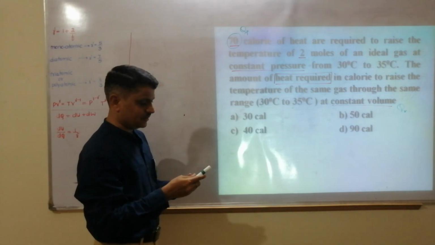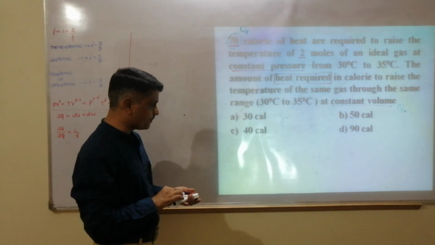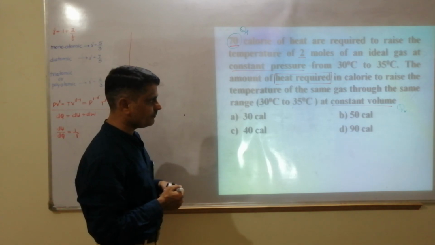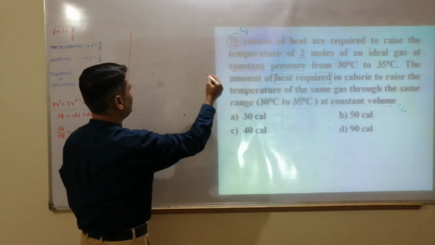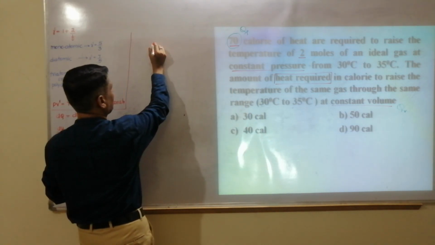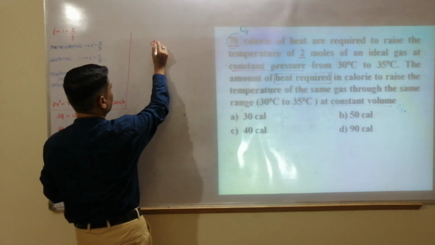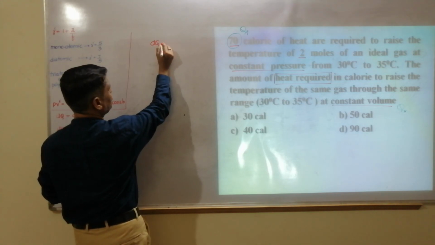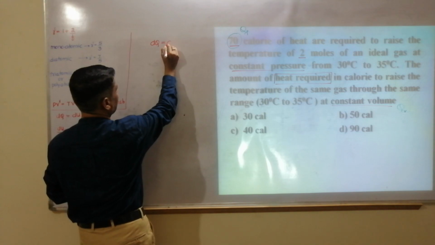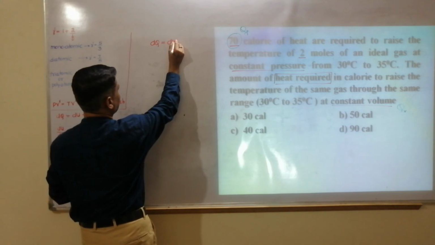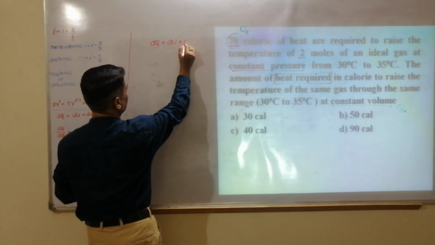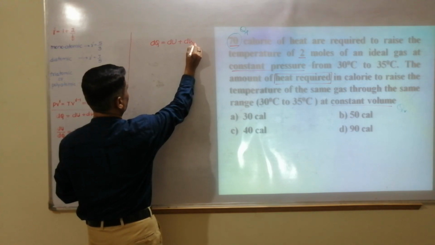So the normal way of solving this problem is, see, as we know, in the first law of thermodynamics we have seen that the amount of heat energy given to a system is equal to the change in internal energy plus work done.